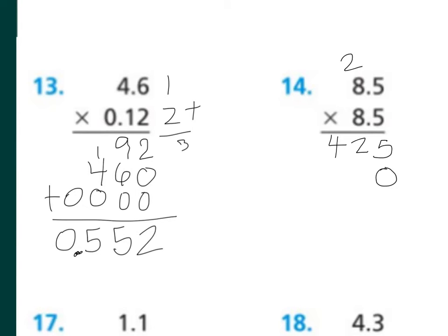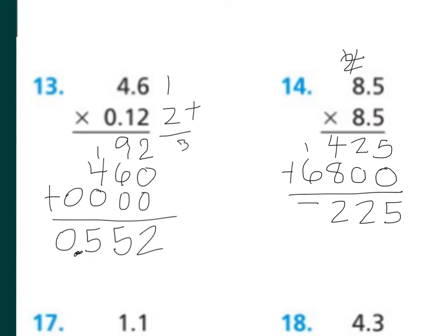So my answer needs to be in this tens place. 8 times 5 is 40. If you notice, I'm putting it over that 2 because I've already used it. 8 times 8 is 64, plus 4 is 68. I'm going to add those together, and I have 5, 2, 12, carry the 1, 7.